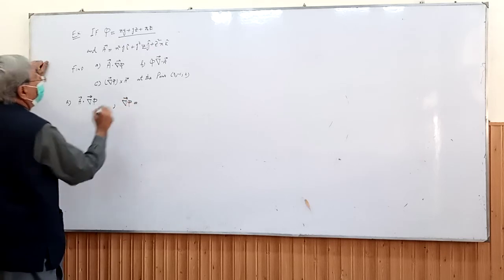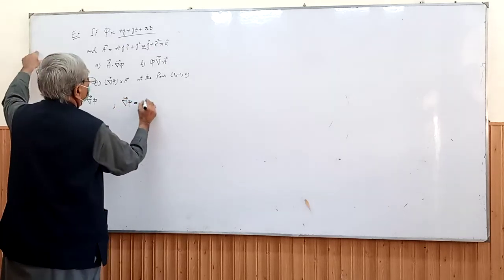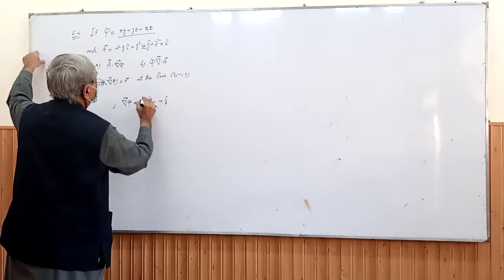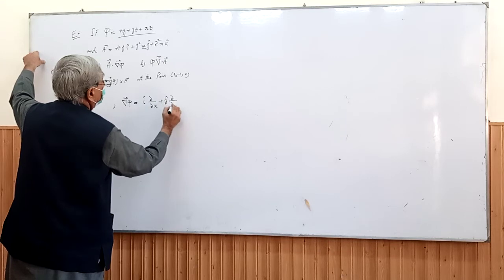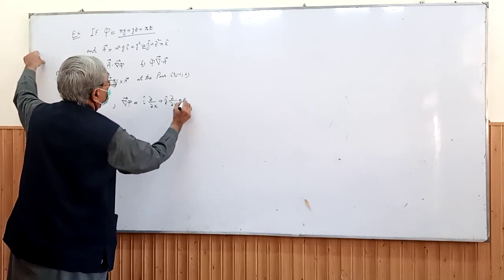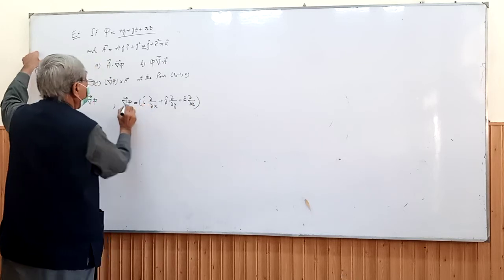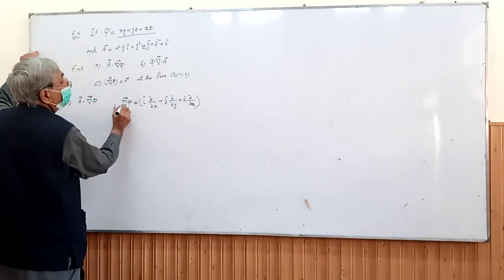Now, to find del phi, there is no dot, because phi is a scalar and del is a vector. You don't have to put any dot, otherwise it is wrong.